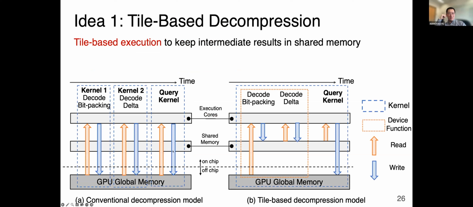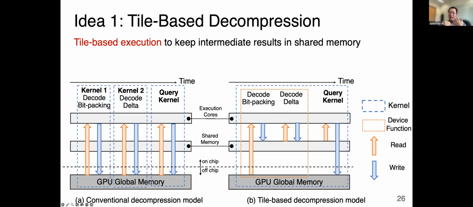The first idea in this paper is very similar to the Crystal paper. If you do conventional decompression, your compression is always a cascade. It's not a single compression algorithm. You apply maybe run length encoding, and then on top of that, you apply bit packing, right?